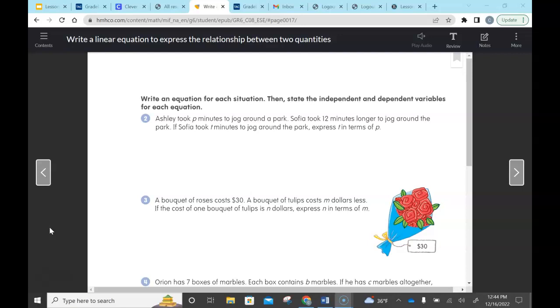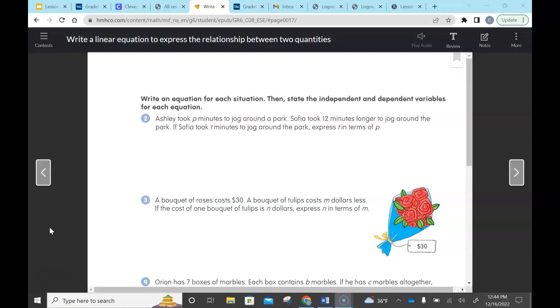Let's turn to page 69 in your math book. It says write an equation for each situation, then state the independent and dependent variables for each equation. Number 2 on page 69: Ashley took p minutes to jog around a park. Sophia took 12 minutes longer to jog around the park.